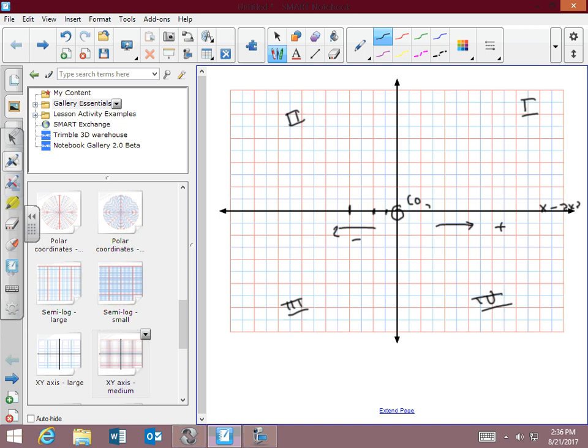Now, that same point right here is the origin for the y, but now positive on the y is measured in this direction, and negative on the y is measured this way. And the y value is always the second of the two values in an ordered pair. So you count up or down.